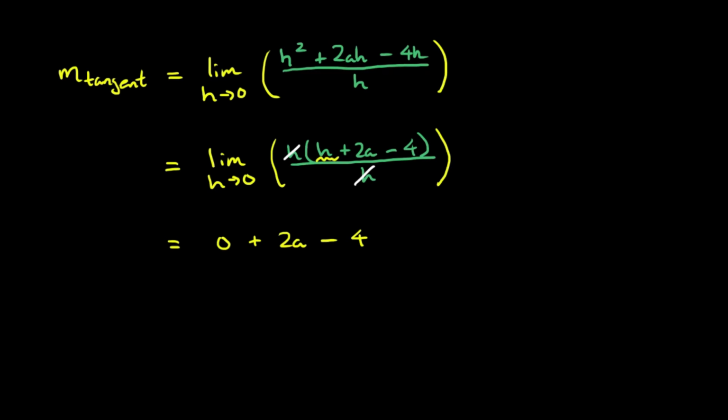So we have an expression that is the slope of our tangent, and it's going to be 2a minus 4. So let's be super clear. The point of tangency was a and f of a. And f of a becomes kind of unimportant in terms of finding your tangent slope, as long as we just pick an x value that we want to find the tangent slope in.